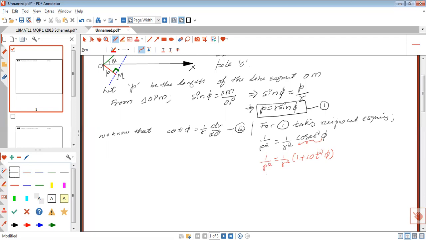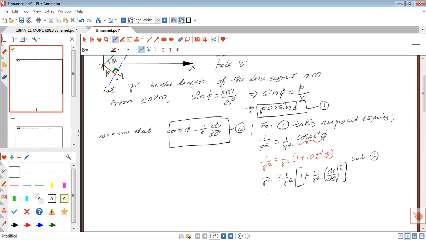Next, in 1 by p square equal to 1 by r square times (1 plus cot square phi), substitute equation number 2, that is cot phi equal to 1 by r dr by d theta. So cot square phi will be 1 by r square times (dr by d theta) the whole square.